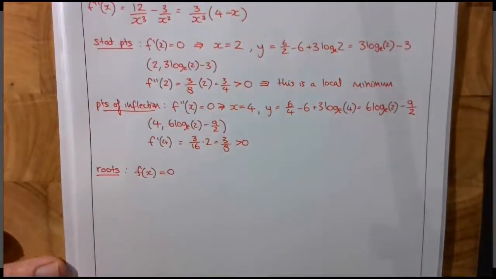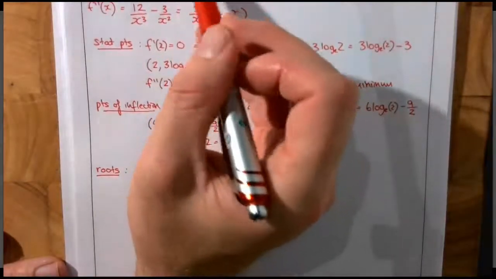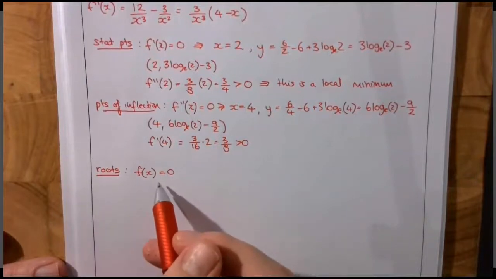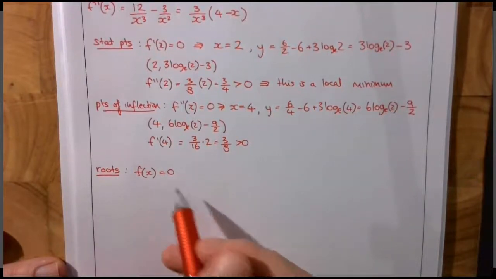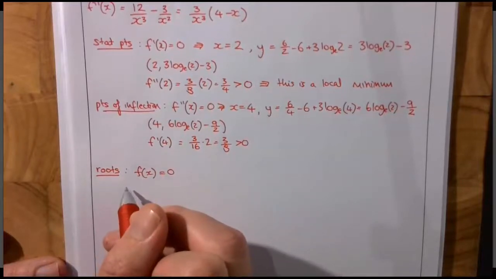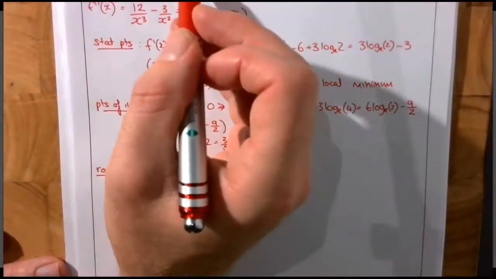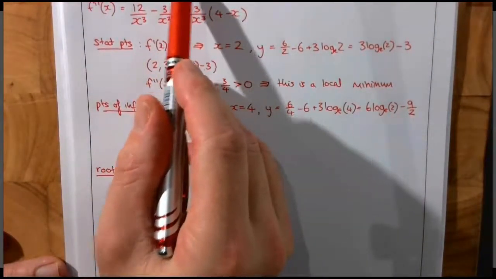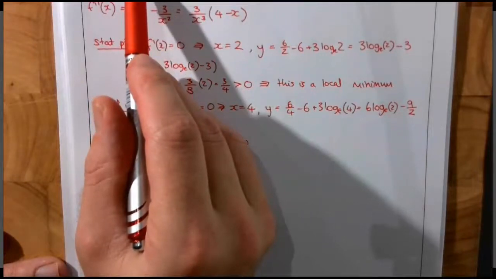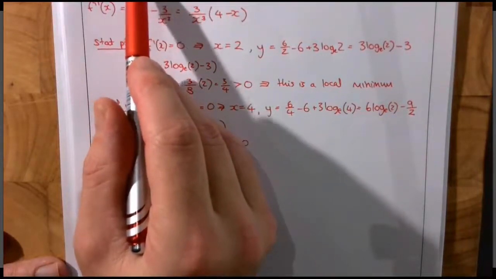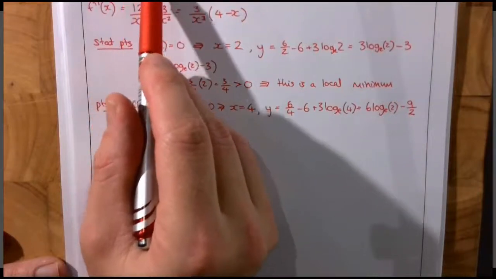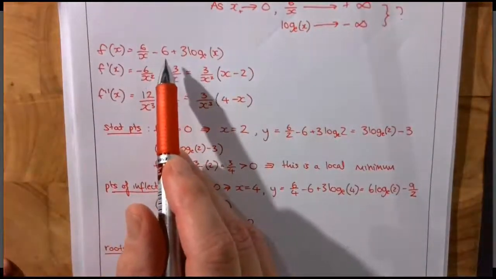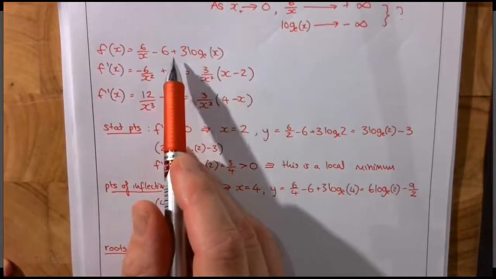So this is a tricky thing for us to analyze because of this log term, and it's going to be hard for us even to know exactly how many solutions to expect. I can imagine the graphs and think about that a little bit, but as I'm looking at this, I notice that if I substitute in 1, I'm going to get 6 over 1 minus 6. So I'm just looking at the top here, 6 over 1 minus 6, which is going to give me 0, and then log of 1 is 0.